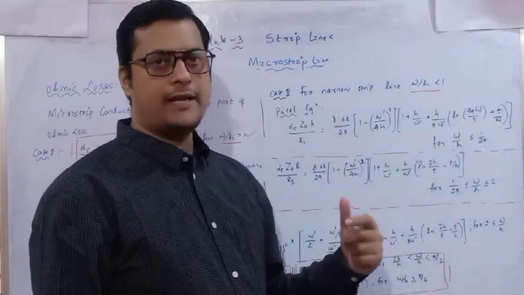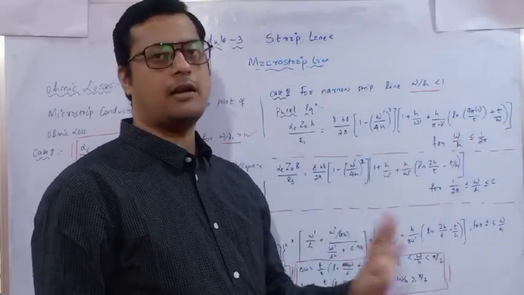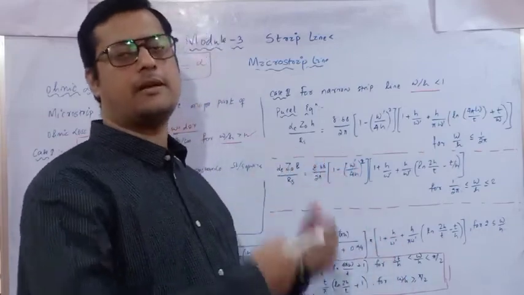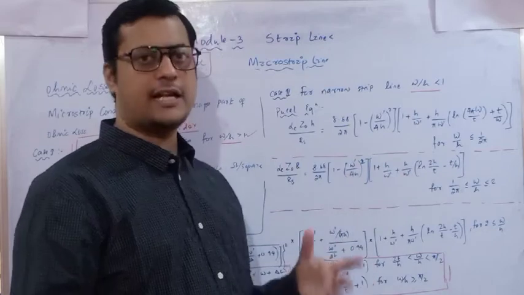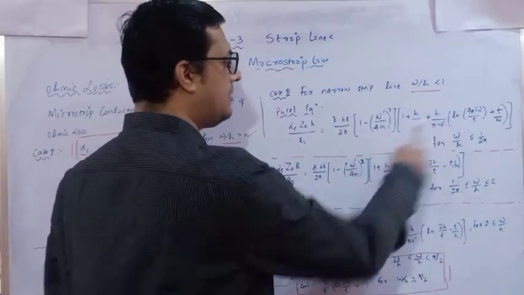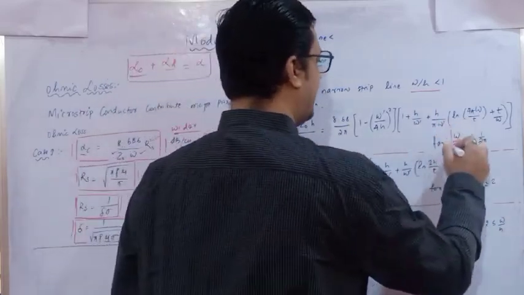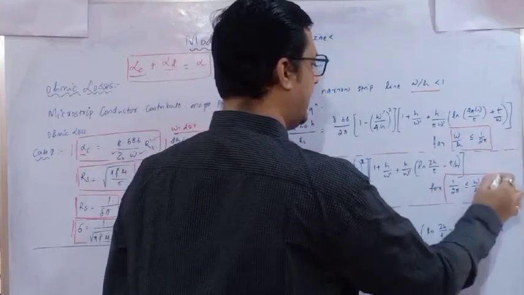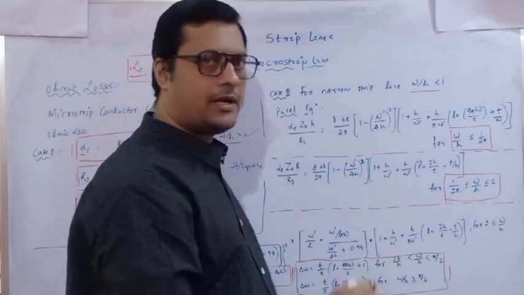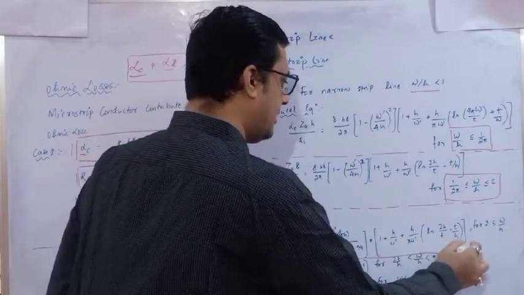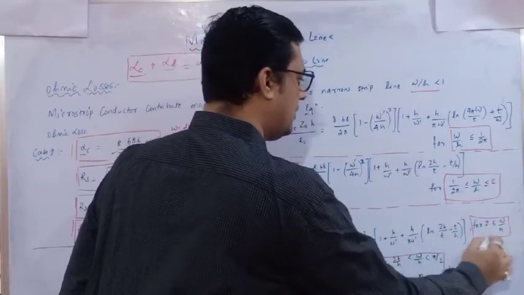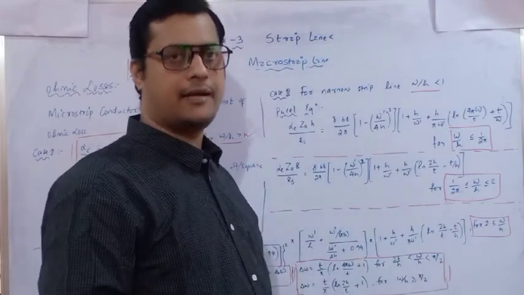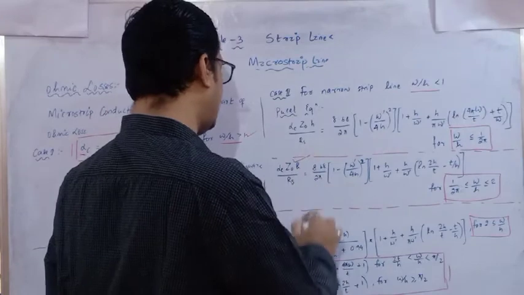For W by H less than or equal to 1 by 2 pi, if it is near about 1 by 2 pi, then what will happen with this aspect ratio? So one range is W by H less than or equal to 1 by 2 pi. Another is W by H lying between 1 by 2 pi and 2, and another one is 2 less than or equal to W by H. So in these three different cases, our constants will vary.